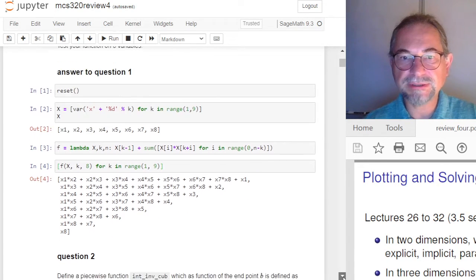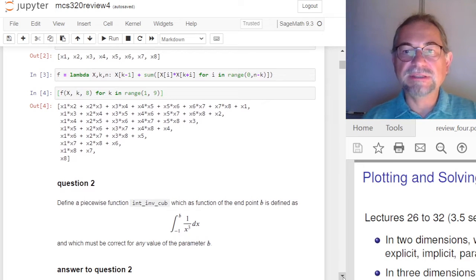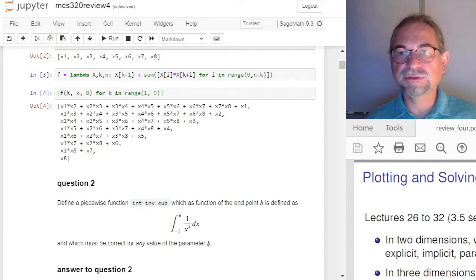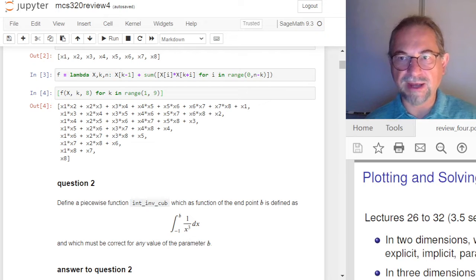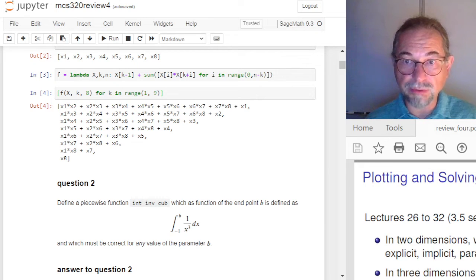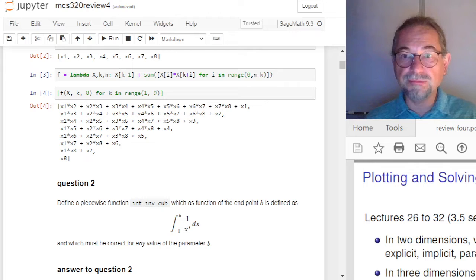that's the first question. The second question is a little bit more involved because I wanted to fuse two topics together. So this is very good for a review. But this is an integration problem where you may have to assume facts about the upper limit of the integral.